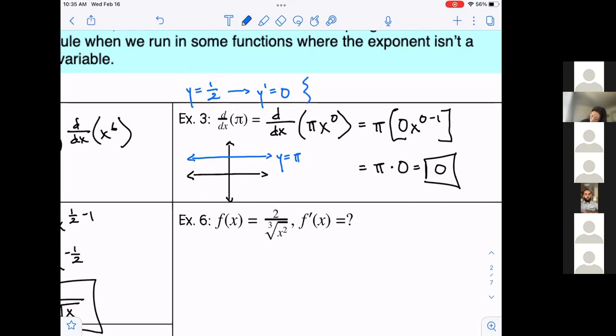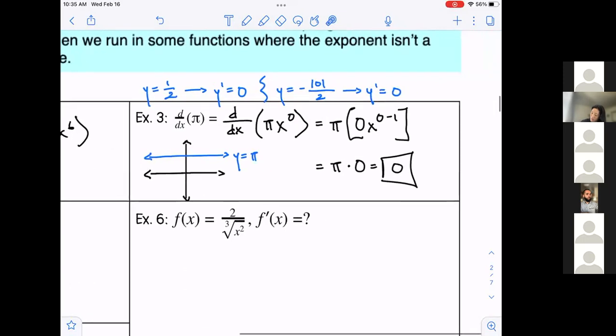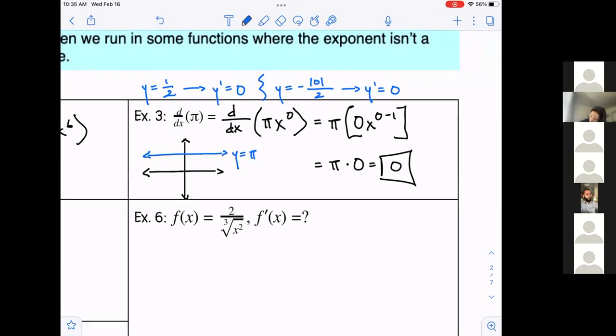What about y equals negative 101 over 2? What is the derivative? Still 0, because we still have a horizontal line. Right? What if I said y equals 2x? What's y prime going to be?